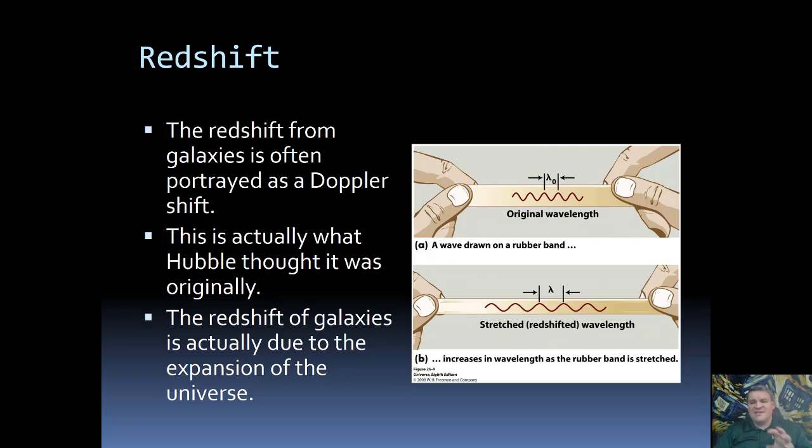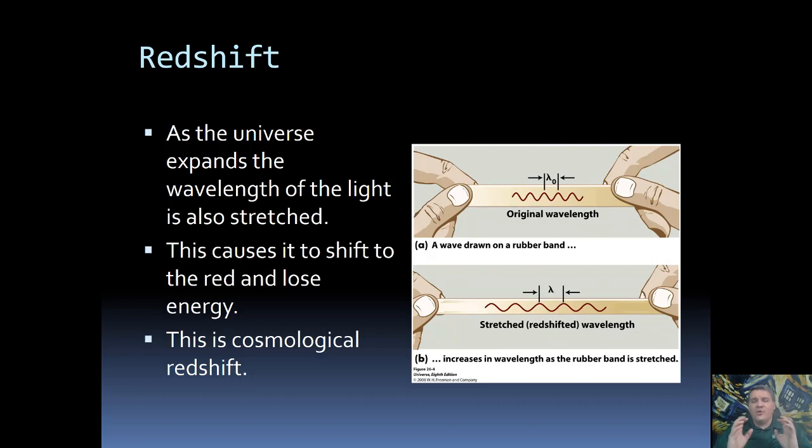I realize that sounds really weird. So what happened is that the light was emitted from the galaxy. Then, as that light has been traveling through the universe, space itself is expanding, and as space itself is expanding, it stretches out those wavelengths.